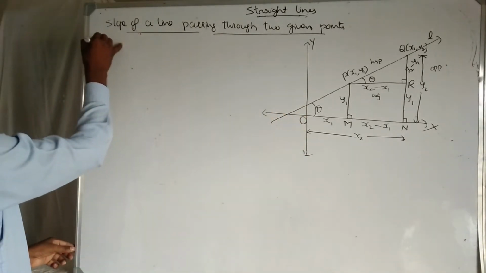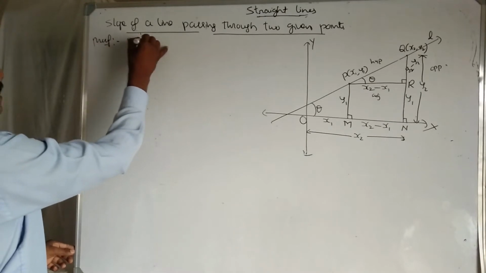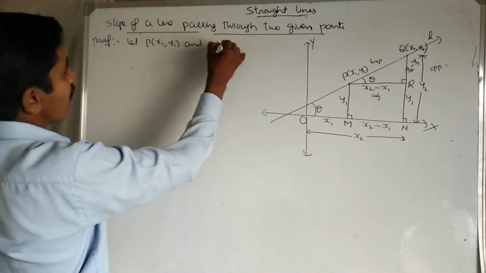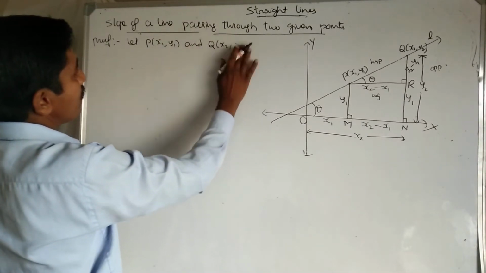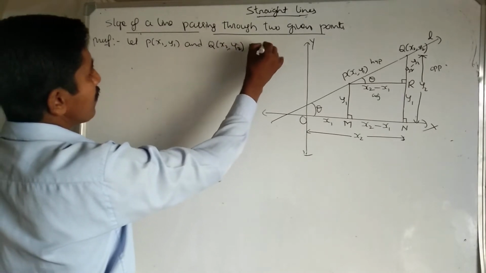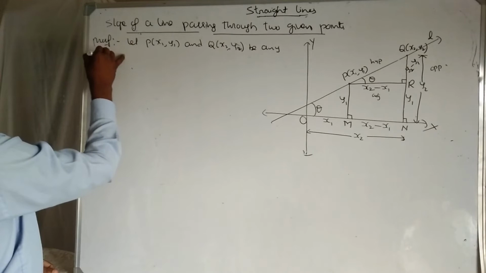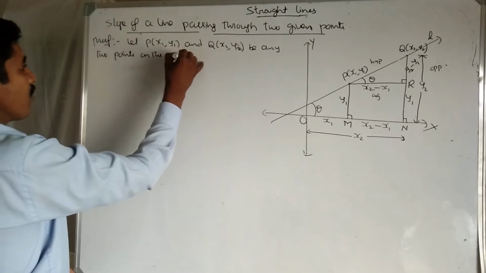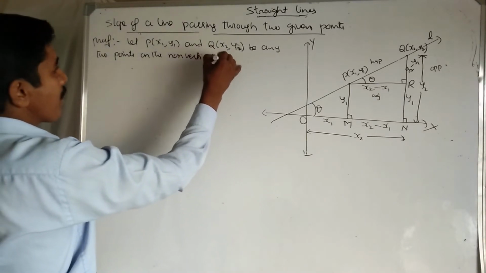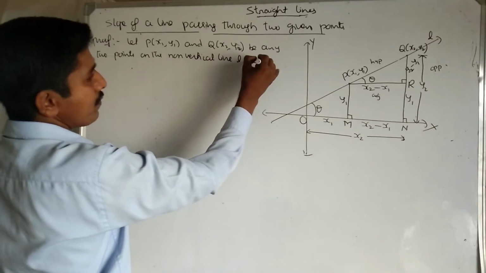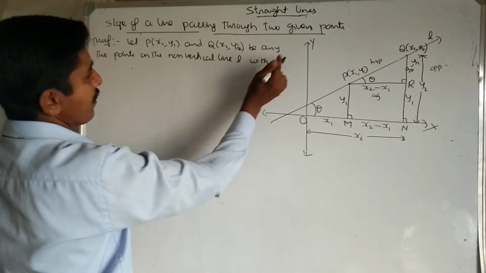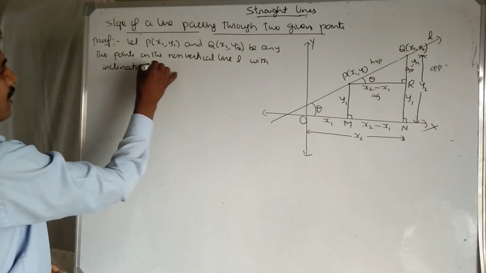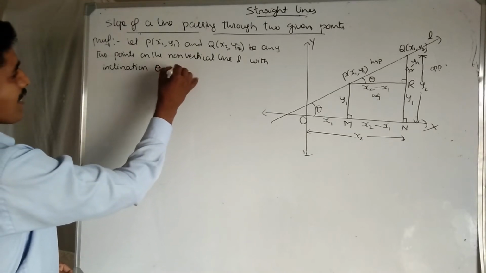Let P of x1 comma y1 and Q of x2 comma y2 be any two points on the non-vertical line L with inclination theta respectively.